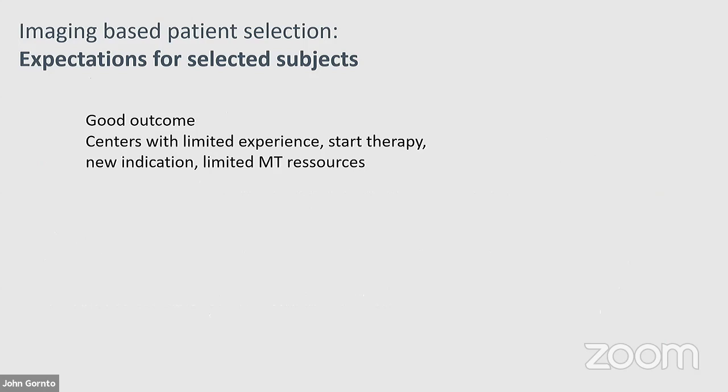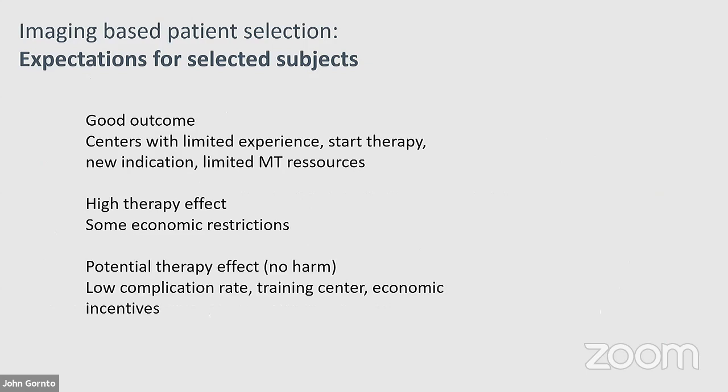I think this is very important. If you start with the procedure, you are new in the game, and you need to deliver good clinical outcomes. Or do you want to achieve a high therapy effect, which is a different thing? Some economic restrictions, or would you just say, I'm happy with any potential therapy effect as long as I do no harm to the patients?